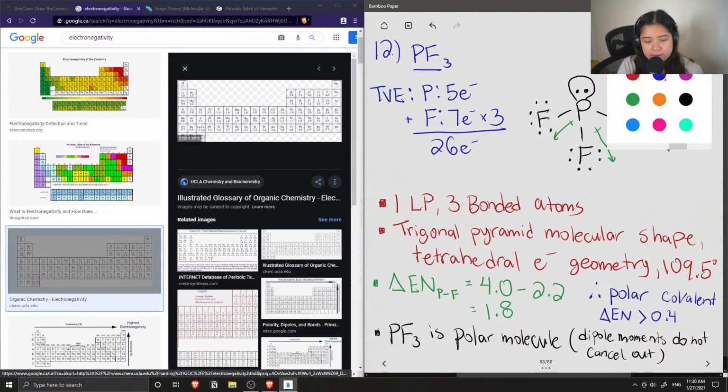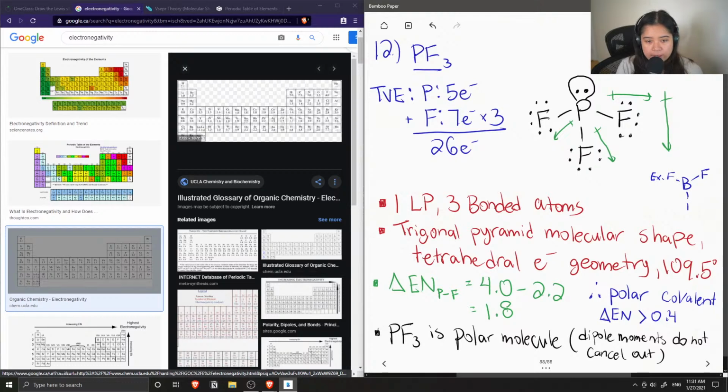If we had, I'll just have an example, if we had our fluorines symmetrically arranged and there were no lone pairs like BF3, then this is considered a nonpolar molecule, even though it contains polar bonds. And you can see here that they're able to cancel each other out. But in our case, we have a polar molecule.